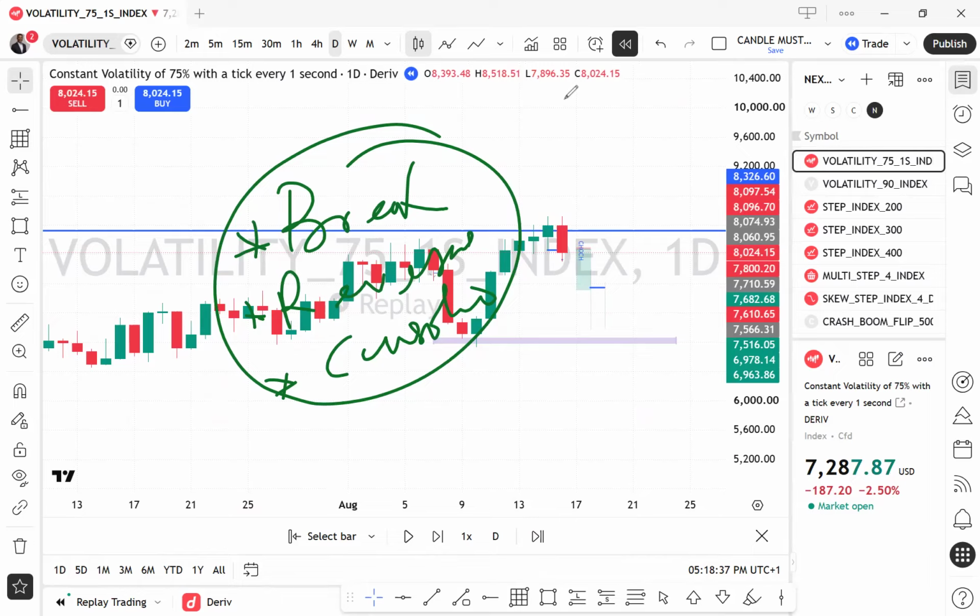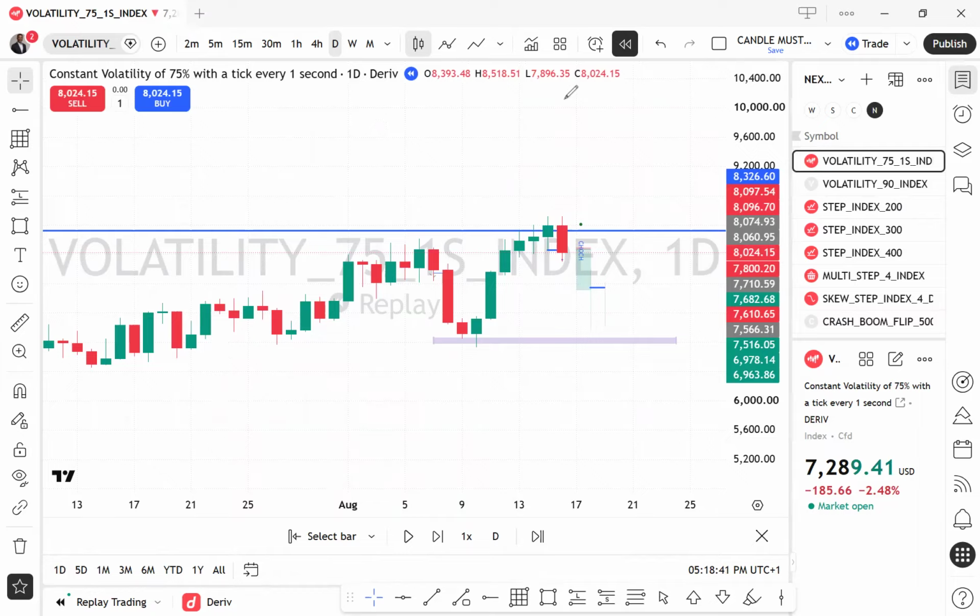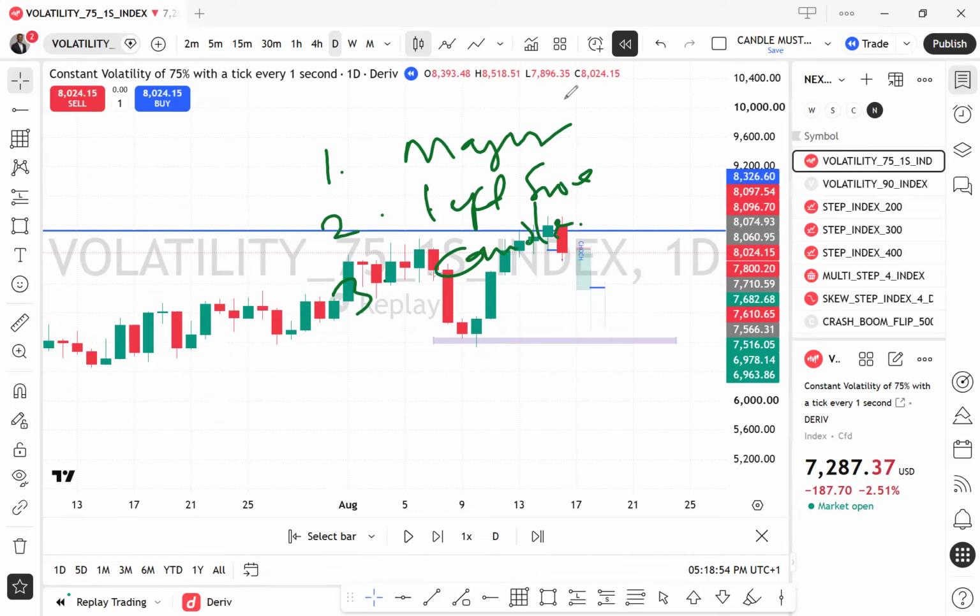Now, for me, having seen this, number one, major level, number two, left side, number three, candle. On the candle, I'm seeing a double top.